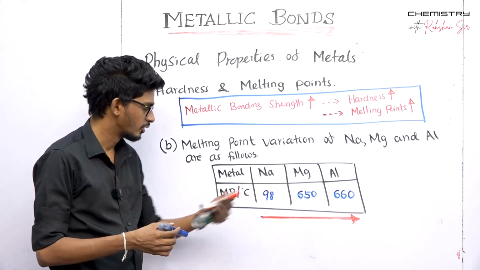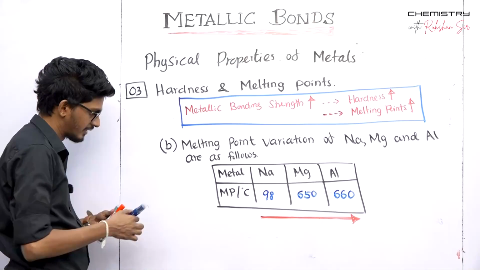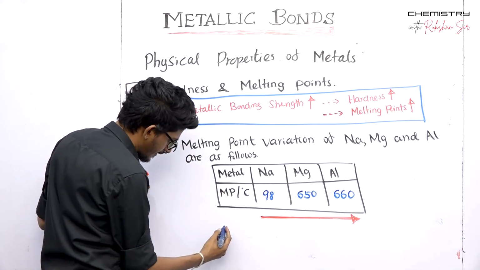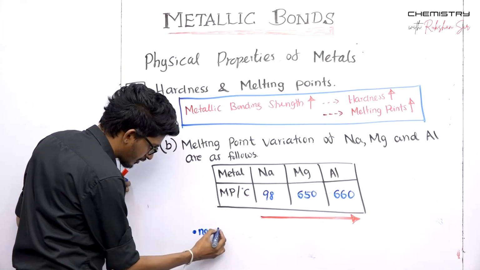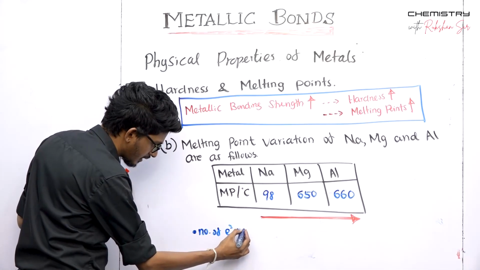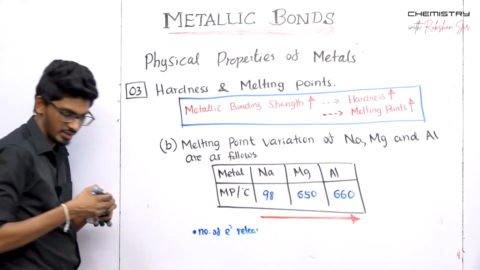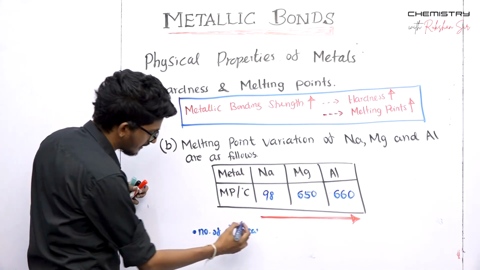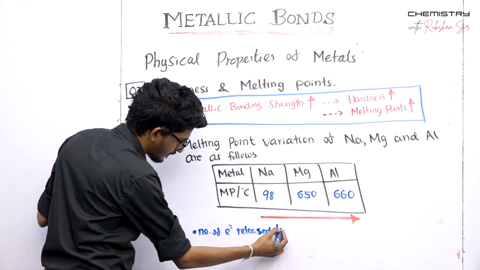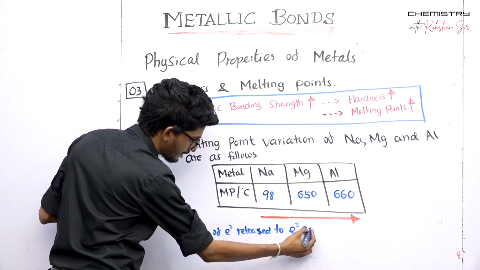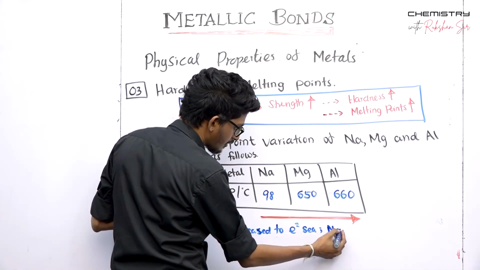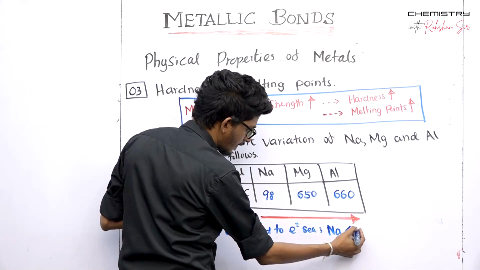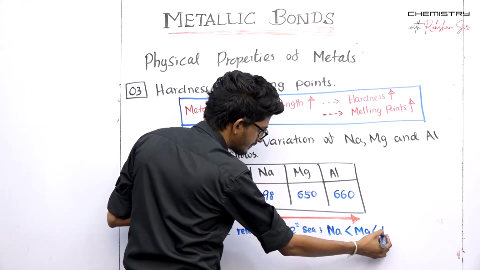So from sodium to aluminium, one can say the number of electrons released to the electron sea will be increased from sodium to magnesium to aluminium.